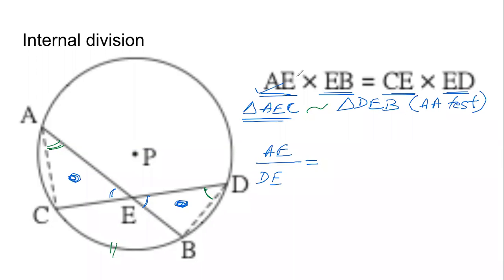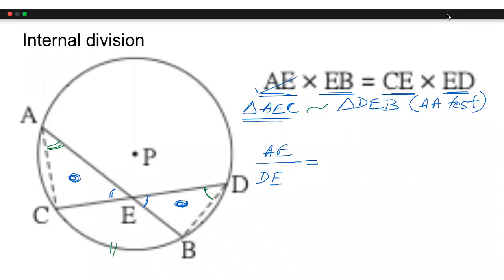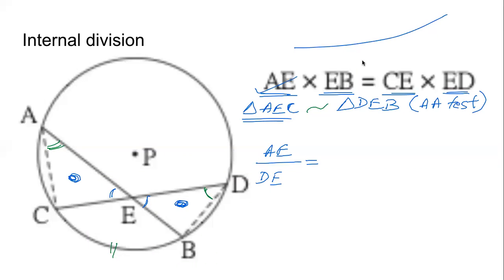Right? So I've got AE and I have also got DE. Now let us pick up the other side of the first triangle. Now EB is not from the first triangle. CE is from the first triangle. So let us say CE.